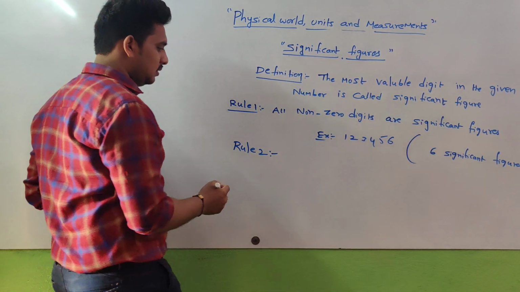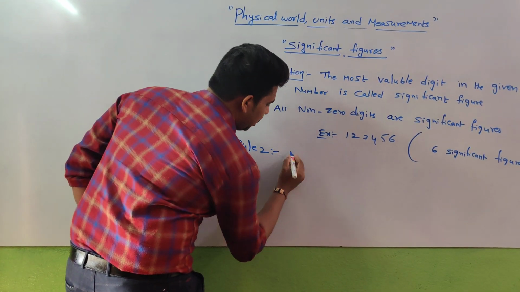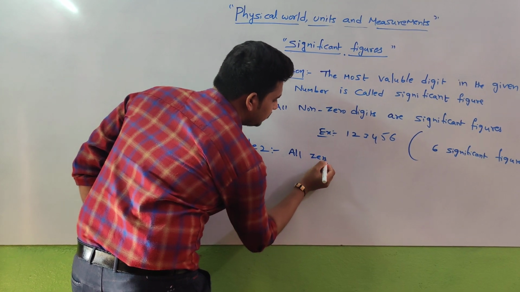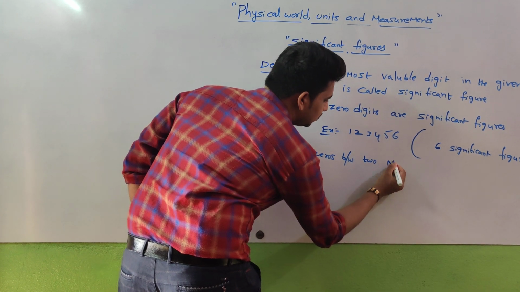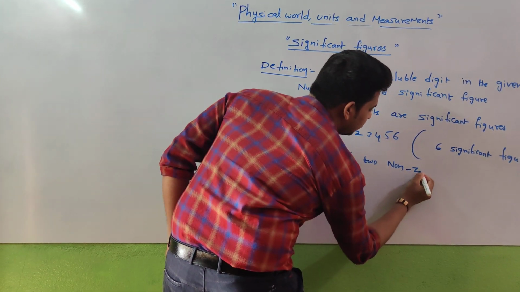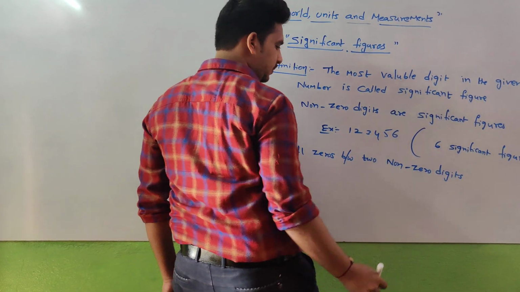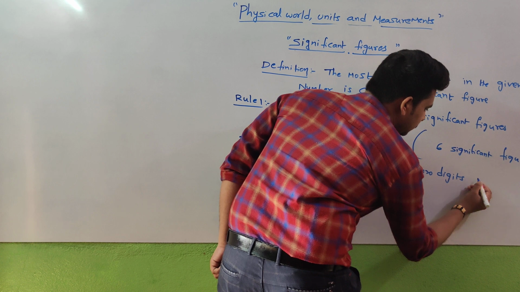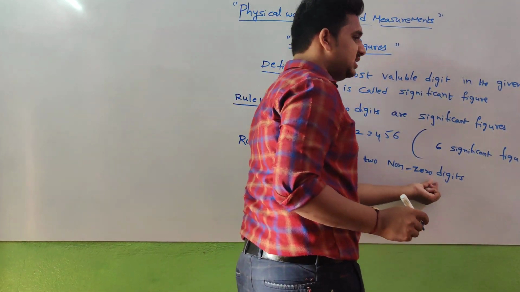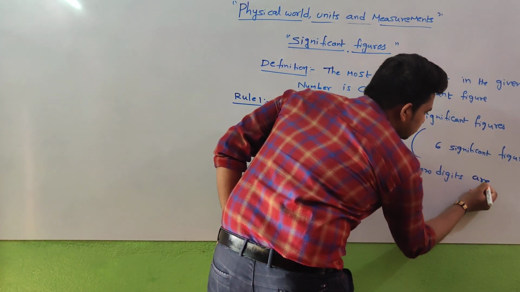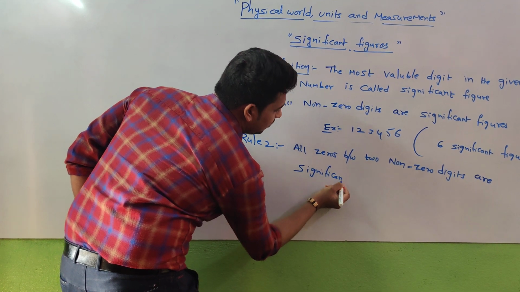Next, rule 2: all zeros between two non-zero digits are significant figures.